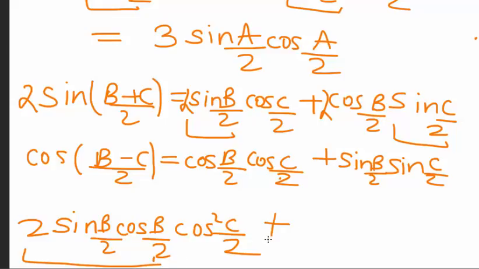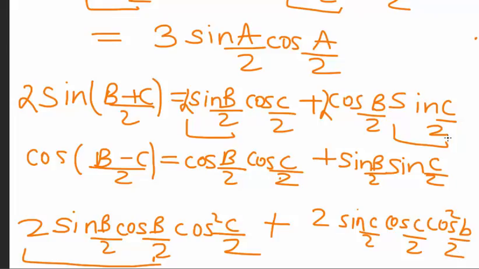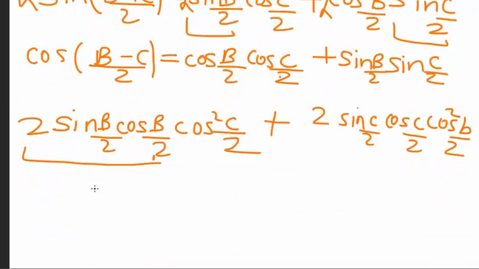So plus the second term is going to be 2 sine of c by 2 cosine of c by 2 cos square b by 2, plus the third term, let's see, is this negative 2?